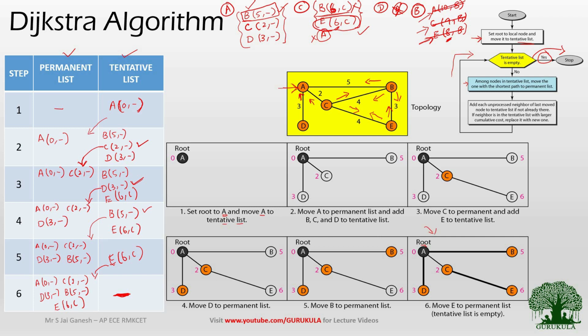As you can see, the root node can now travel to all other remaining nodes in the network with the lowest path available. The lowest cost to reach B is 5, the lowest cost to reach C is 2, the lowest cost to reach E is 6, and the lowest cost to reach D is 3. This is the shortest path tree formulated by using Dijkstra's algorithm.